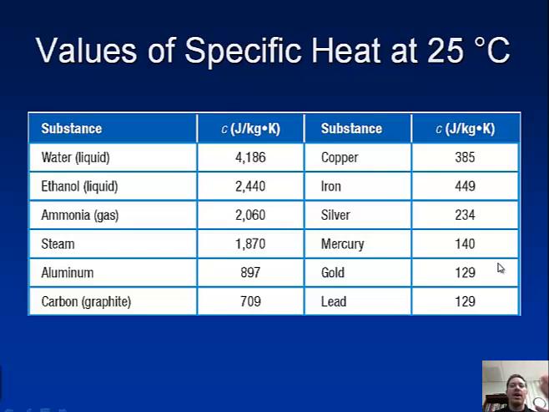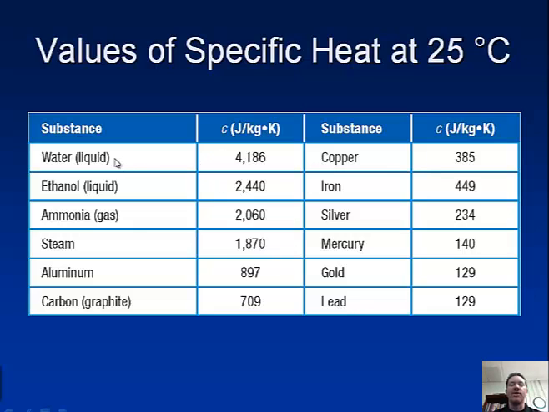Alright, so here on this slide we've got some values of specific heat. We can see water here has a value of 4,186 joules per kilogram times Kelvin. So this is the specific heat of water. We've got several other values here.